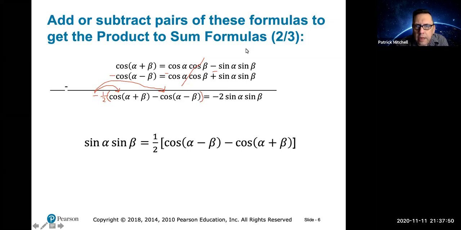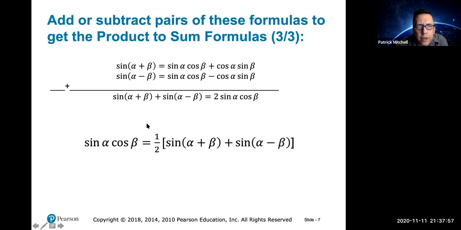The next one is pretty simple. This time I'm adding the sum and difference formulas for sine. All right, so on the left side, I get sine alpha plus beta plus sine alpha minus beta.